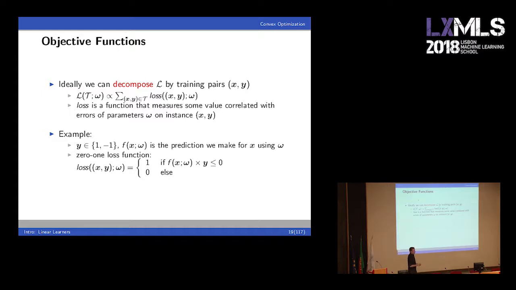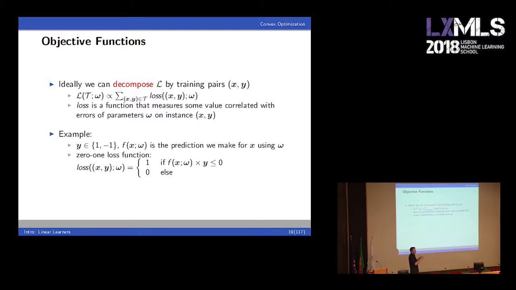Now, for supervised learning, in the best case, the objective functions decompose over the training data. So the objective function is just a sum over the objective functions for the single training data. Let's call it a loss function.